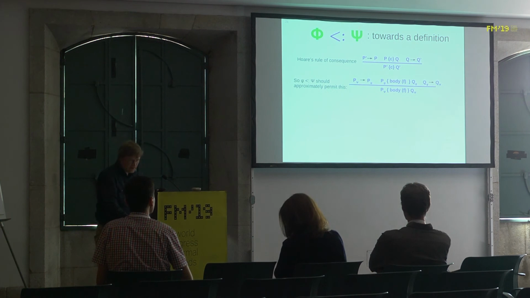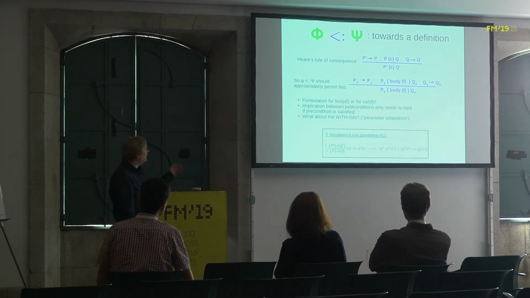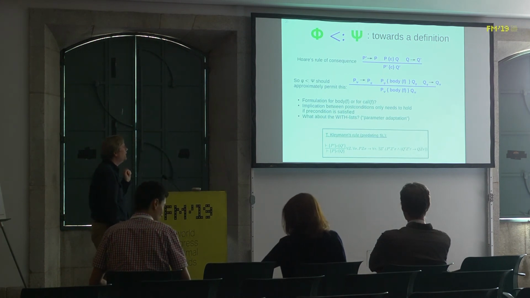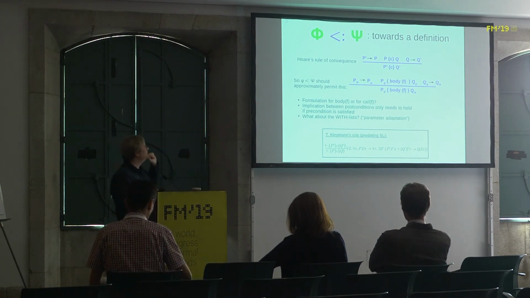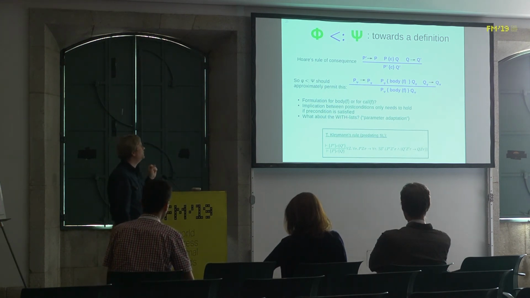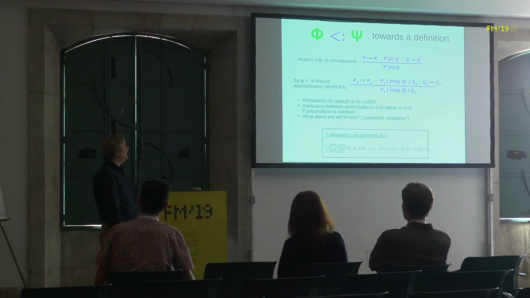But there are actually a couple of other questions that come up and that make this view a little bit restrictive. So, for example, here the implication between the two postconditions needs to hold no matter whether the precondition was satisfied, so you cannot exploit knowledge that you have inside the preconditions so easily here.